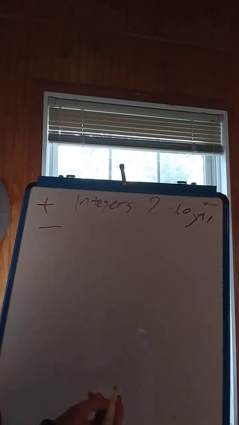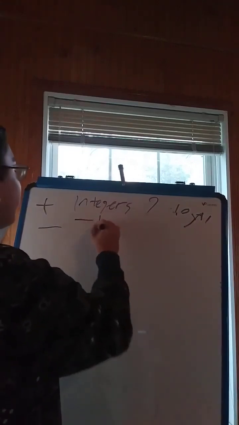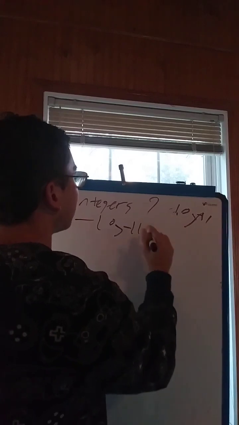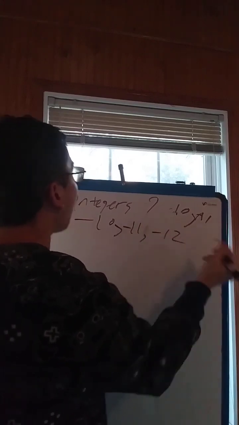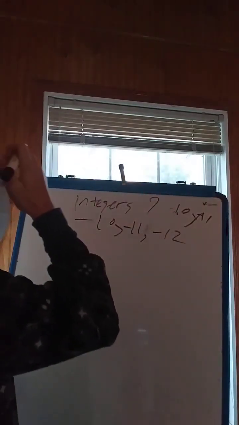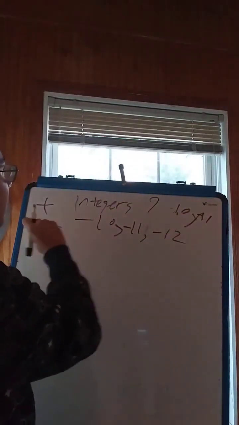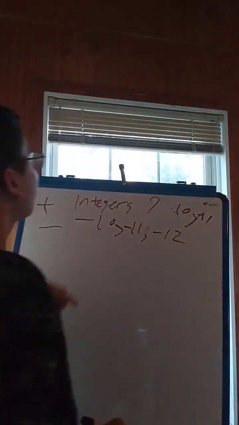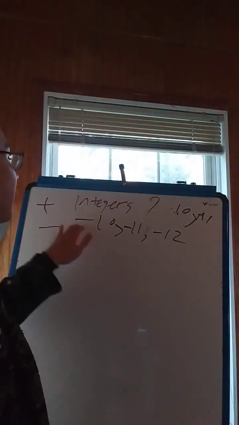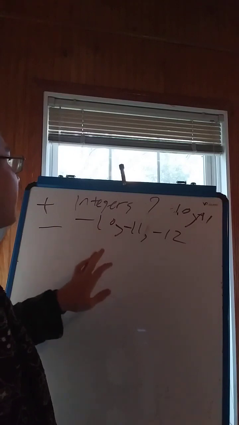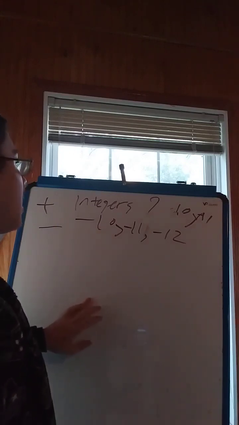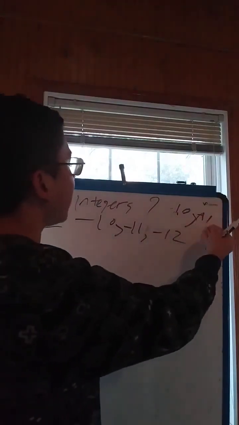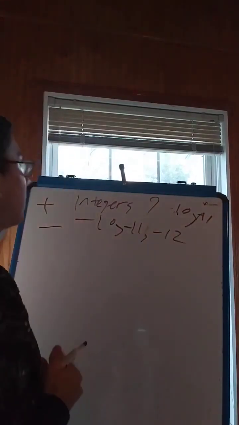So negative numbers would look like negative 10, negative 11, negative 12, and so on. Although this is not the direction that they go in, and I'll talk about that later. But you need the negative sign in front of them to differentiate between negative numbers and positive numbers.